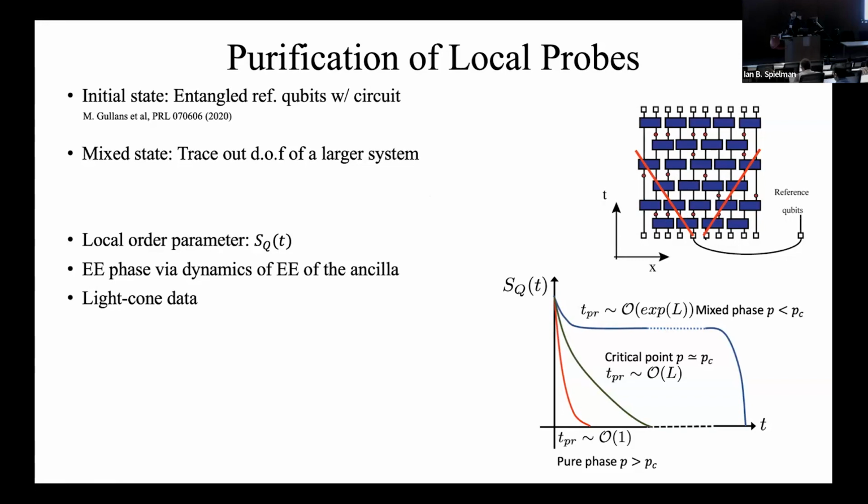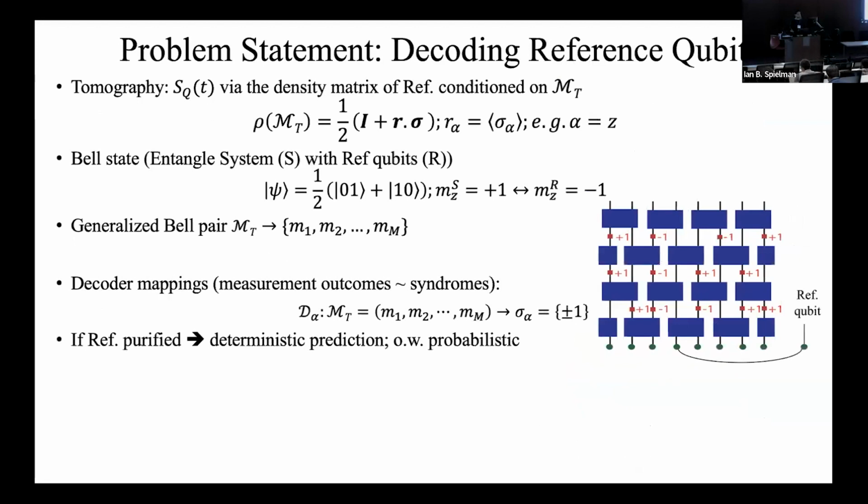However, in the area law phase, it quickly disentangles from the system, and its entanglement entropy goes to 0. So by studying this entanglement entropy of the reference qubit, we can determine what phase we're at.